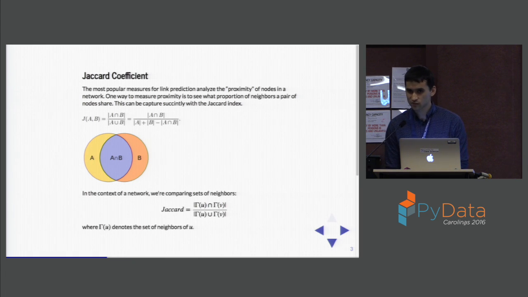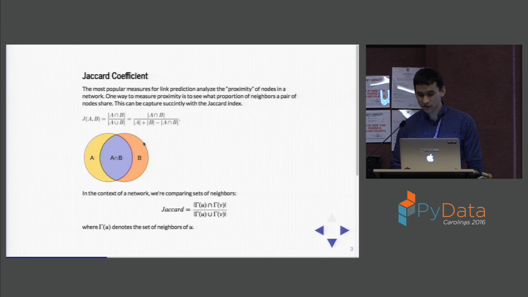This is pretty intuitive, right? Let's say Peter and I are different nodes in this network. I've got a bunch of friends, Peter's got a bunch of friends, and we actually have a lot of friends in common, but we haven't met yet. Chances are, because we have a lot of people in common, and maybe we share a lot of interests, maybe we'll meet each other at PyData Carolinas or something, right? And we'll make that connection. They're saying that because we have a lot of neighbors in common, we'll probably be matched up together and be a future relationship.